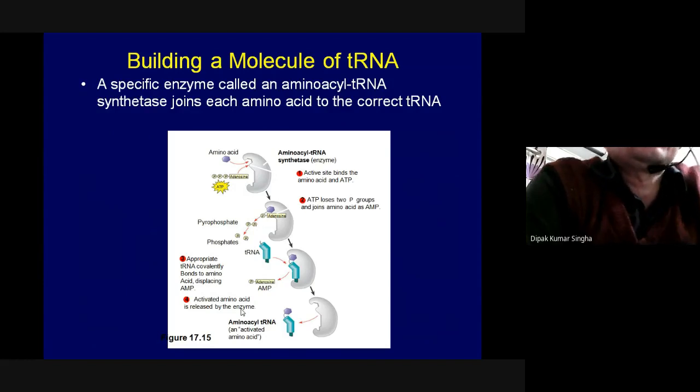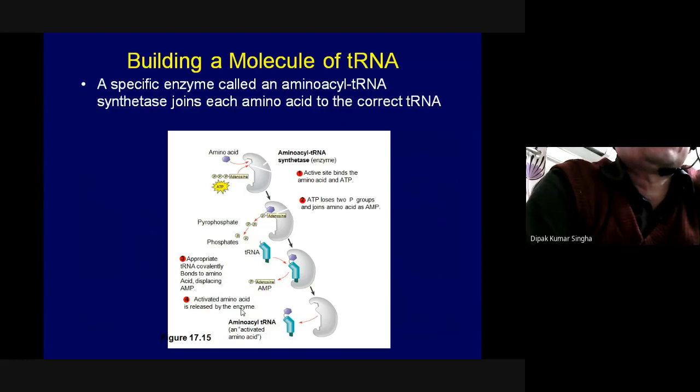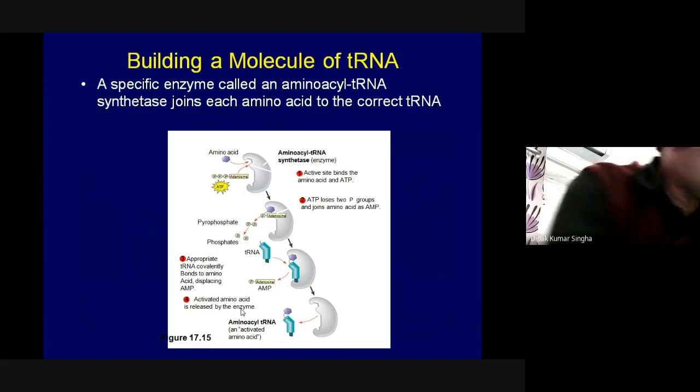The amino acid binding site is an active site, and this is an ATP dependent process. Number one, the aminoacyl-tRNA synthetase; number two, ATP loses two phosphate groups, joining the amino acid, and the phosphate groups go to the appropriate tRNA, covalently bonding to the amino acid and displacing the AMP.